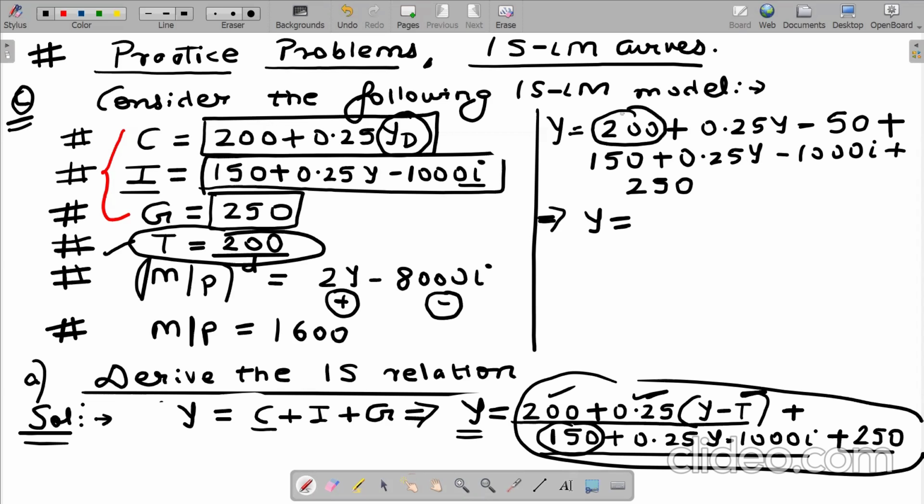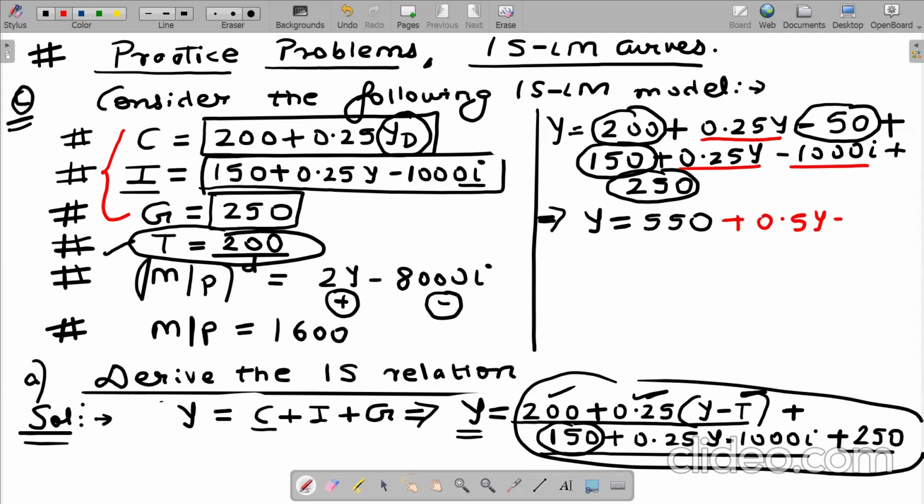So 200 minus 50 is 150. 150 plus 150, 300. 300 plus 250, 550. 0.25y plus 0.25y will be 0.5y. And then I also have minus 1000i.